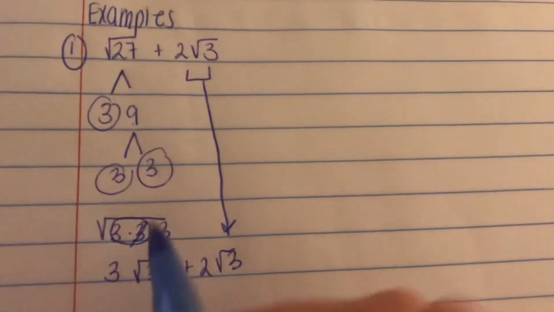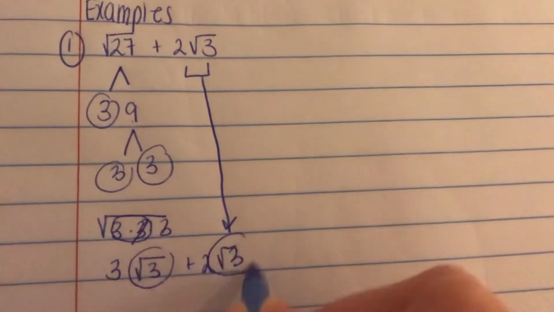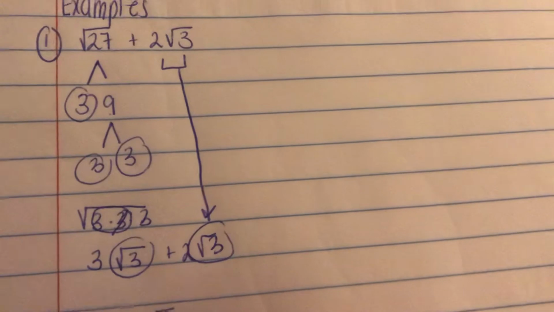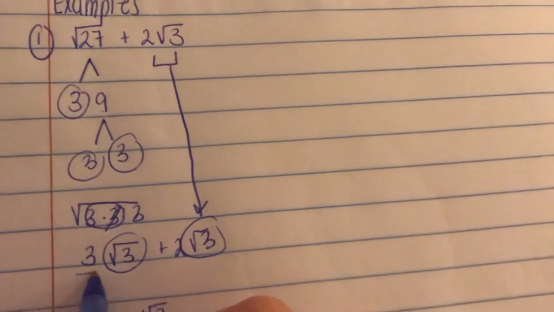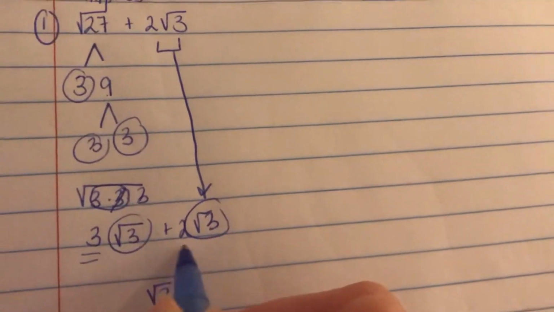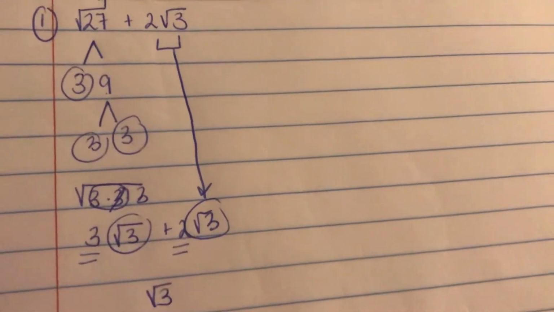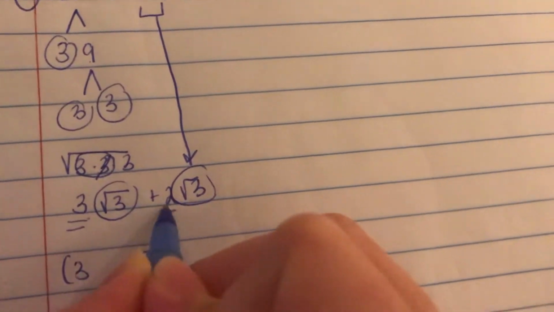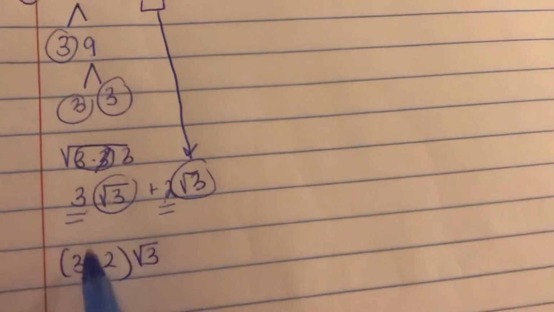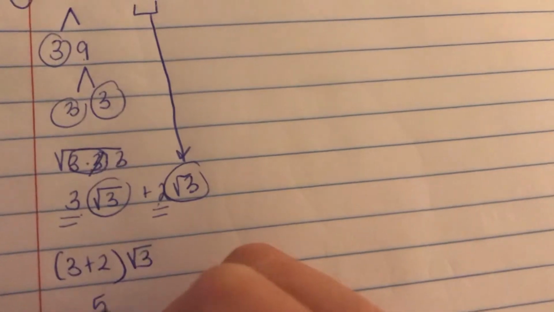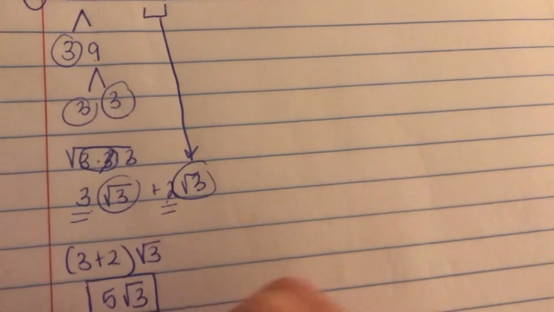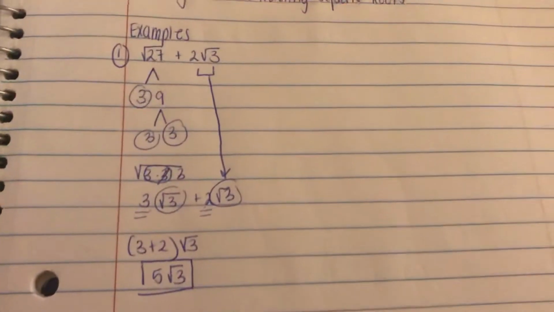My common square root is the square root of 3, so I should have a square root of 3 in my answer, and I'm going to combine the coefficients of each square root of 3. In here we have a coefficient of 3, and here we have a coefficient of 2, and I'm going to combine them. 3 plus 2 is 5, so my answer is 5 square root of 3. Okay?